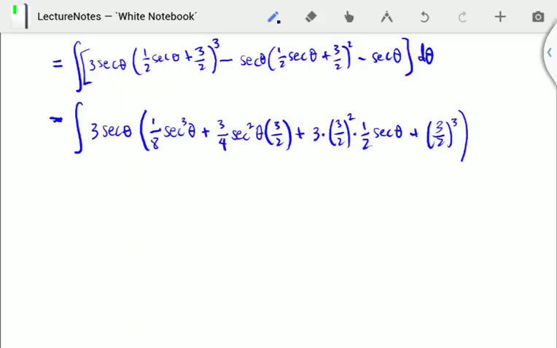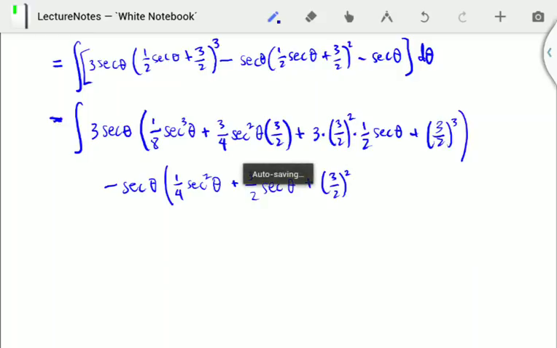That's the cube term. Minus, how about the square term? The square term is a bit simpler: the square of the first term, 1/4 sec squared theta, plus twice the product of the two of them, so 3/2 times 1/2 is 3/4 times 2 is 3/2 sec theta, plus the square of the last one, 3/2 squared.